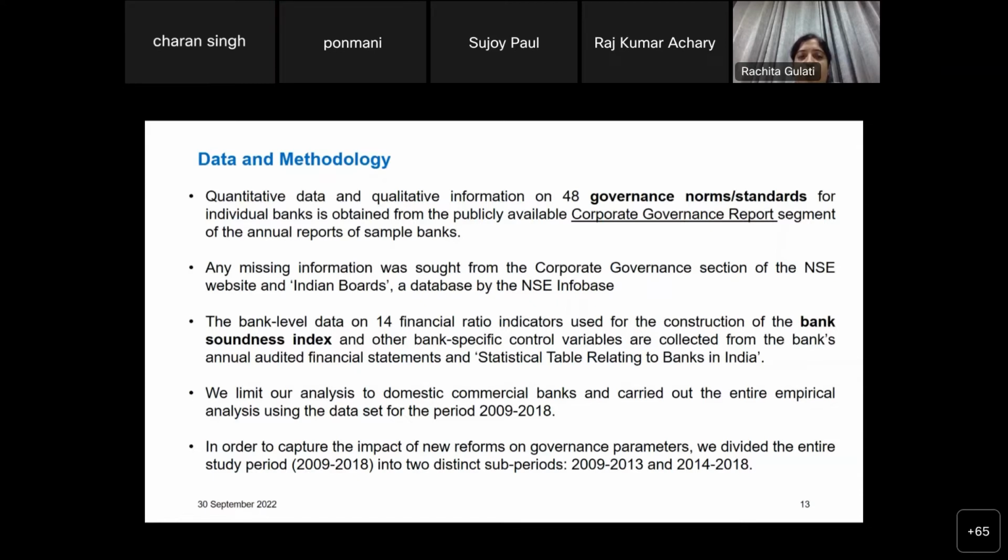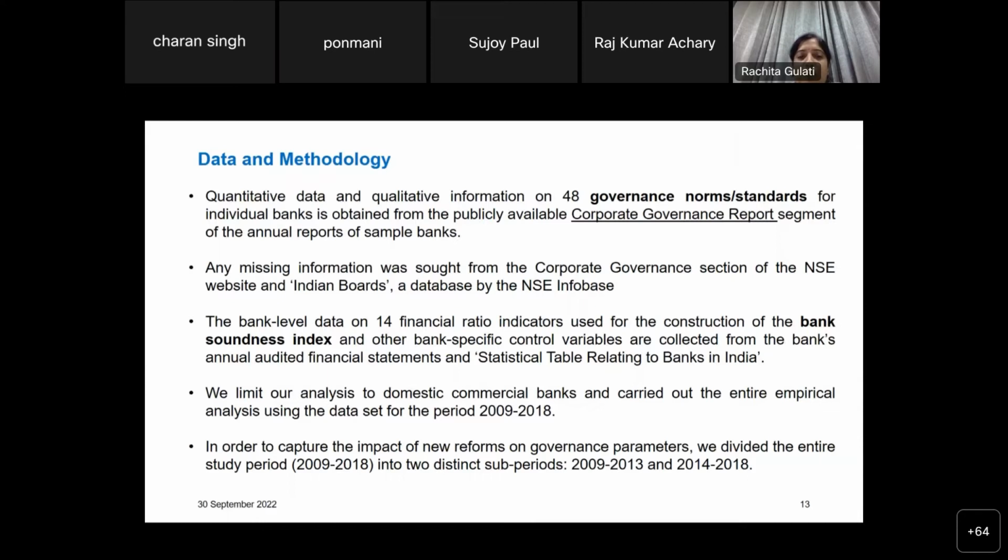For the construction of the soundness index, we relied on the 14 financial ratio indicators and the framework proposed by the Reserve Bank of India. The data for these ratio indicators have been collected from the statistical tables related to banks in India. The analysis is limited to domestic commercial banks and is carried out for the period from 2009 to 2018.